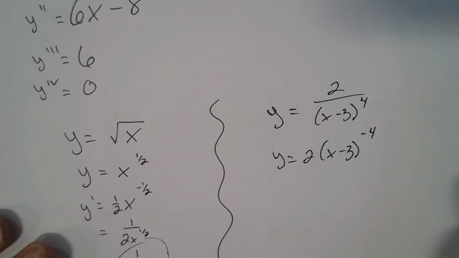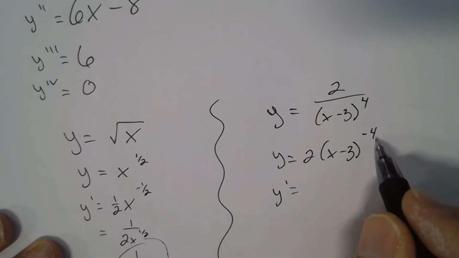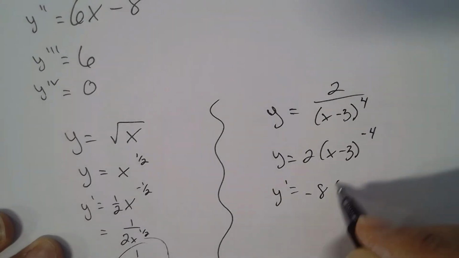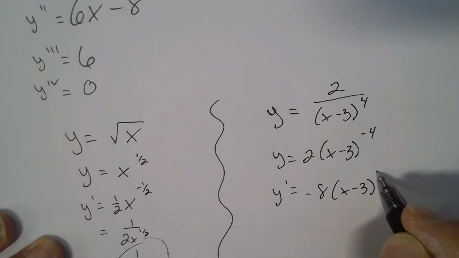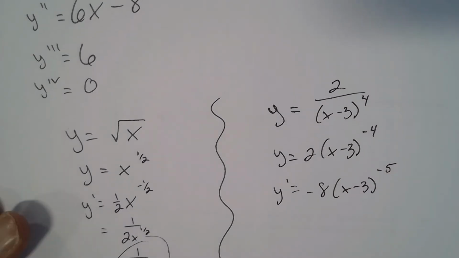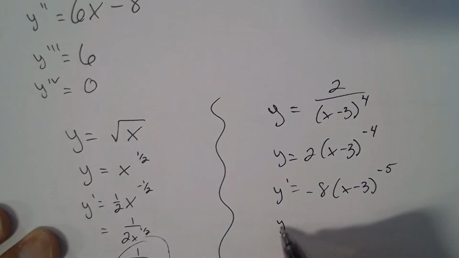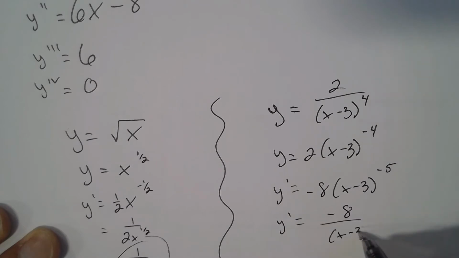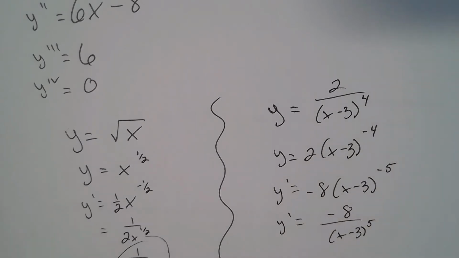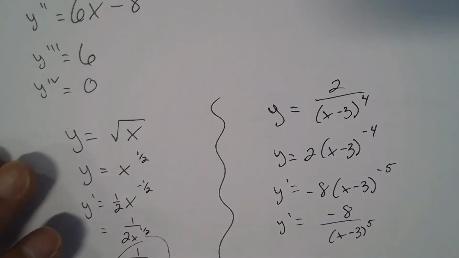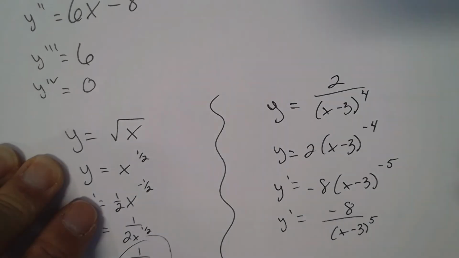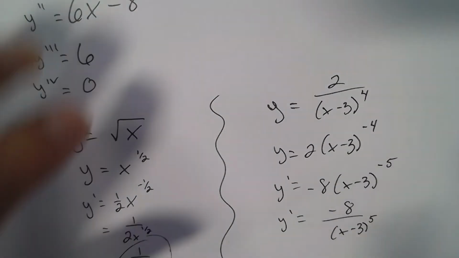And now we can find the derivative. It would be negative 8(x minus 3) to the negative 5th. So I would say negative 8 over (x minus 3) to the positive 5. Okay? Alright, so that's the power rule. That's an important one.